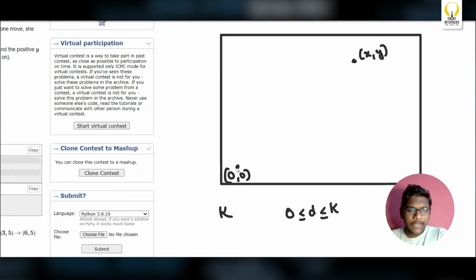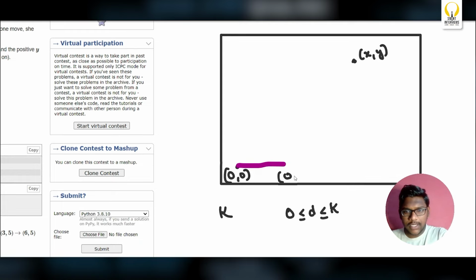Okay, so first she's at this position, and now let's say she considered some d steps in the positive x direction. Let's say she moved this way, and after that she will now traverse in the positive y direction.